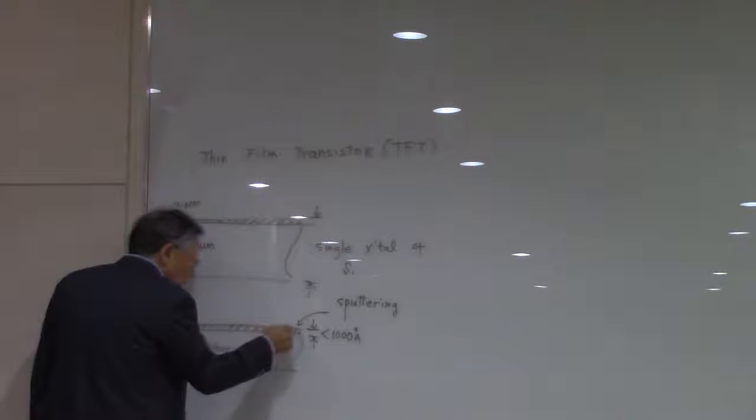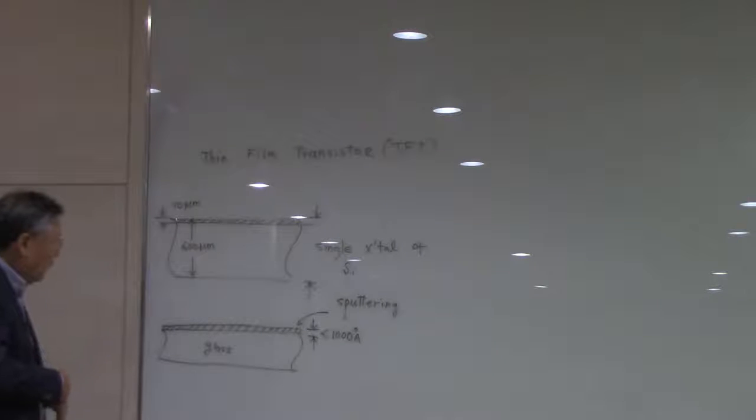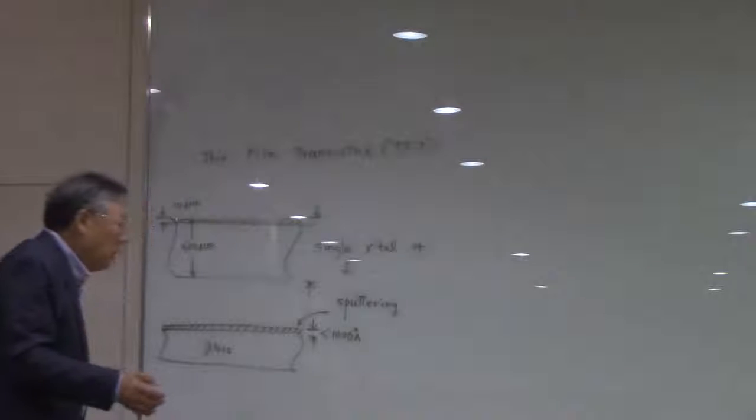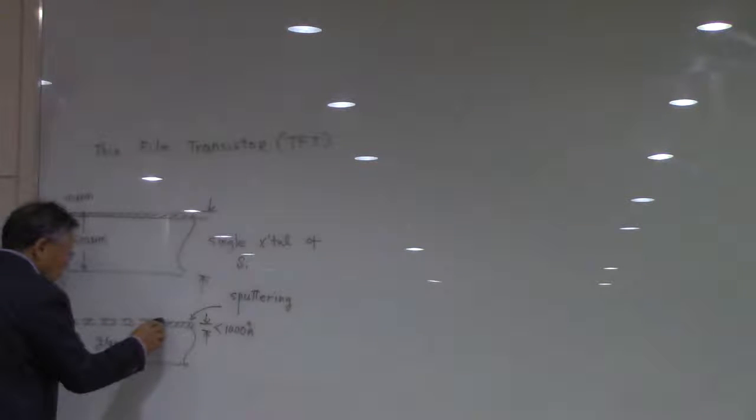And with this, we're going to fabricate the transistors, and naturally, the transistor is going to be something like an island on top of the glass. It should be something like this.